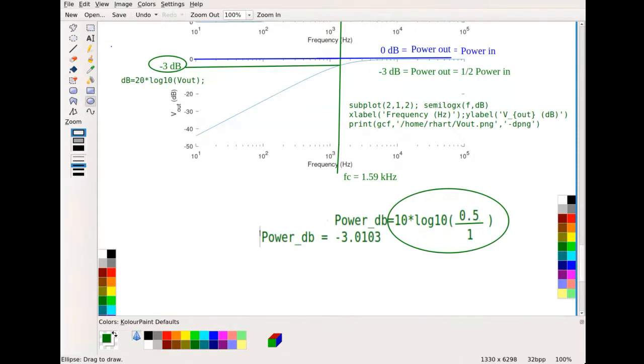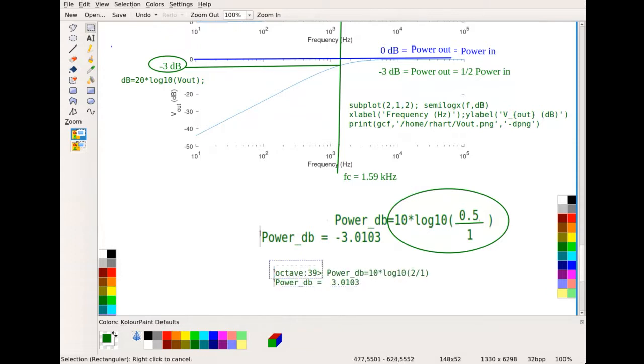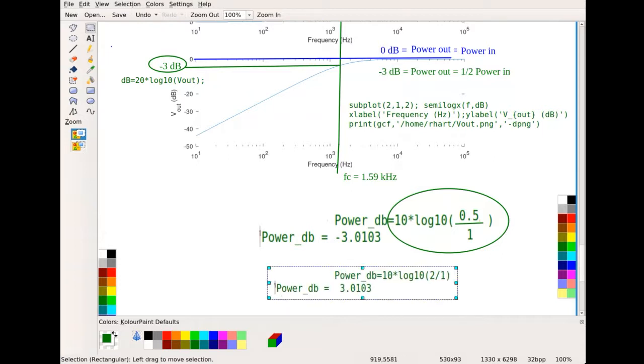So if we go the other way, if our power in is twice power out, all right, we can go the opposite way. All right, and so here I've got twice the power.